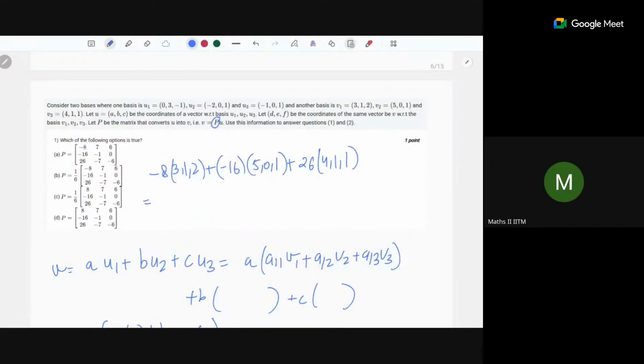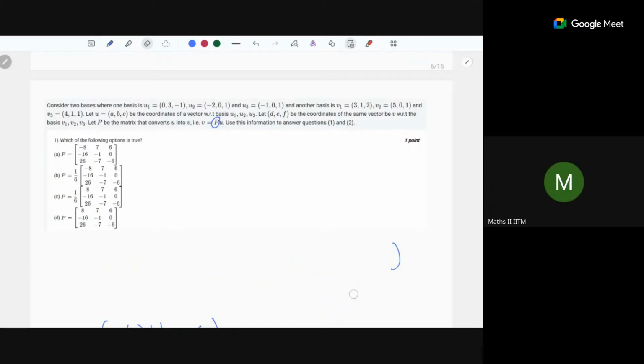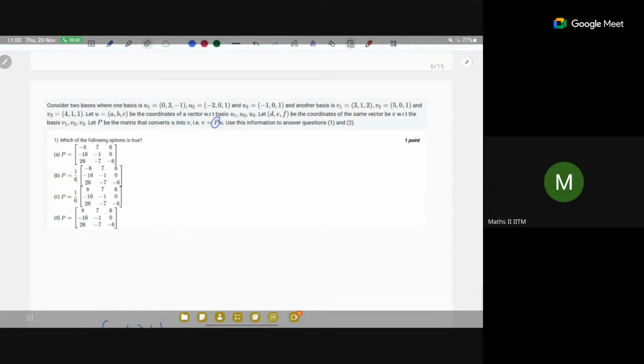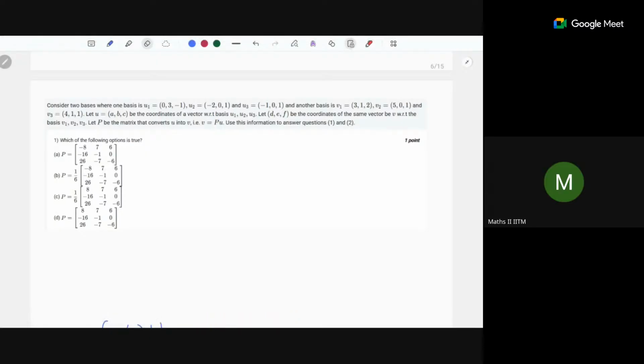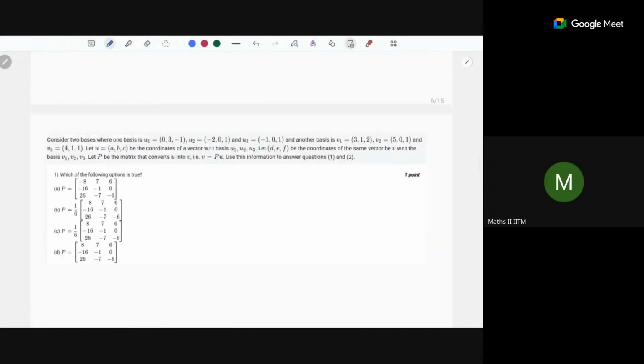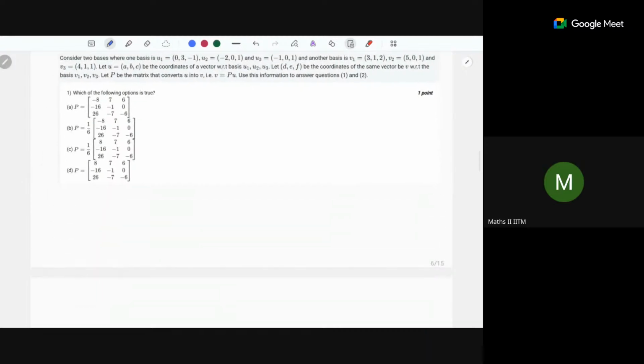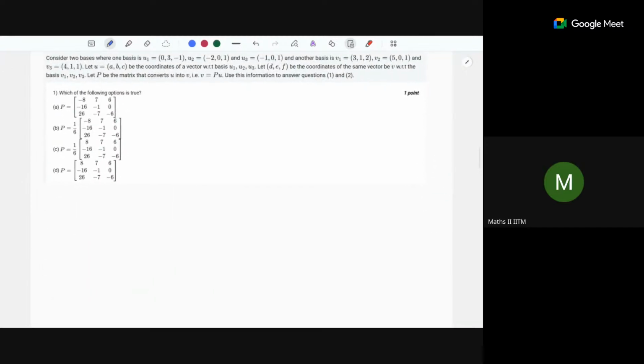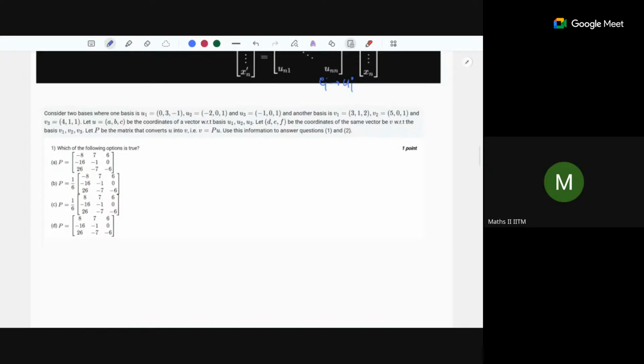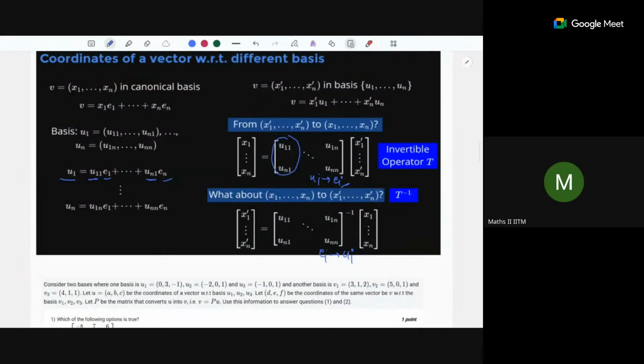So let's see this. In the previous part, we have seen that if you are converting your coordinates from ui to ei, then you need to express each of the ui with respect to ei.